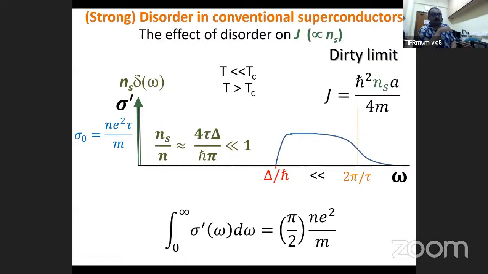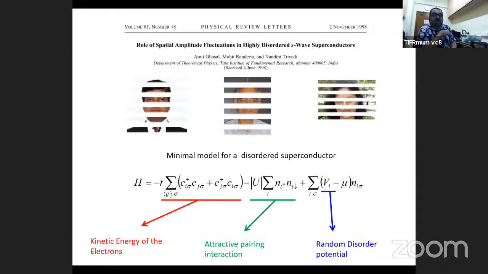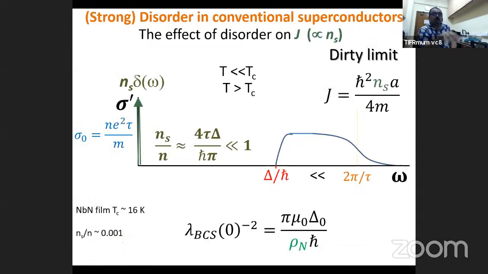So now let us see what's the manifestation of this. Just to give you a perspective, if I take a superconductor like niobium nitride, it's quite a high temperature in the sense that among conventional superconductors, it has a Tc of 16 Kelvin, which is not very small.